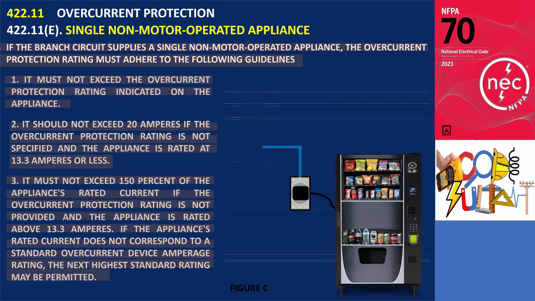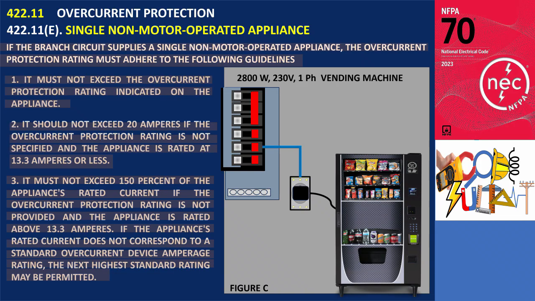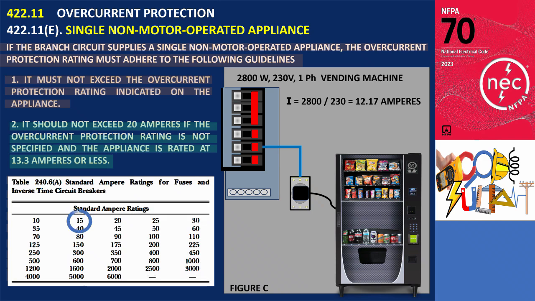Next, consider a vending machine rated at 2800 watts and 230 volts. Since the overcurrent protection rating is not specified, we need to calculate the rated current for this appliance. Dividing 2800 watts by 230 volts gives us 12.17 amperes. Because this value is below 13.3 amperes, guideline number 2 permits the use of a device that does not exceed 20 amperes, making a 15 ampere overcurrent protective device sufficient.